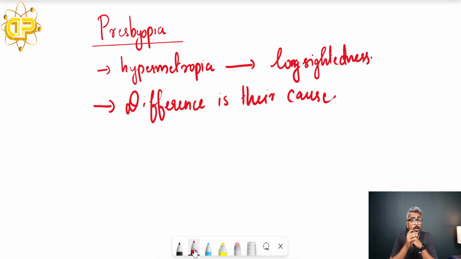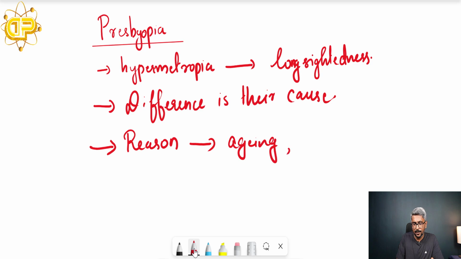And you all know that for hypermetropia, the cause is low converging power as well as small eyeball. These two causes are the major cause of hypermetropia. But in the case of presbyopia, the reason is nothing but aging.